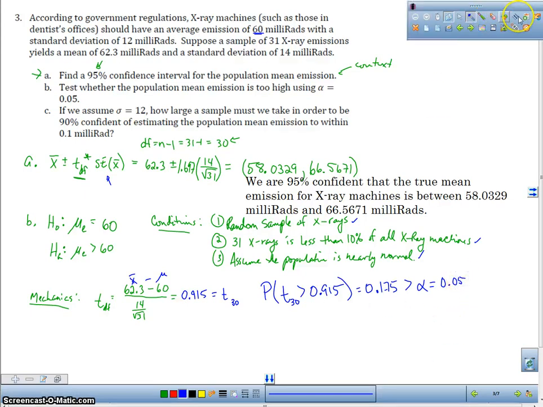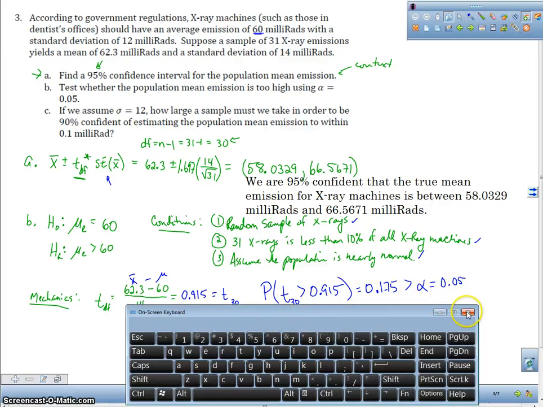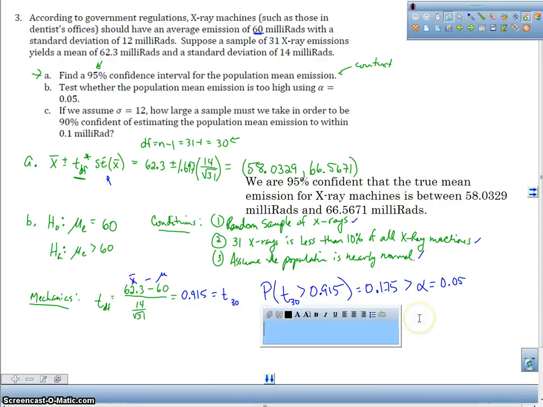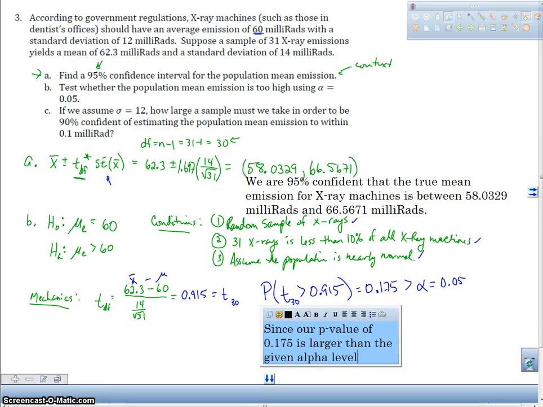All right, so now for our conclusion. Our conclusion is that since our p-value of 0.175 is larger than the given alpha level, we fail to reject the null hypothesis.